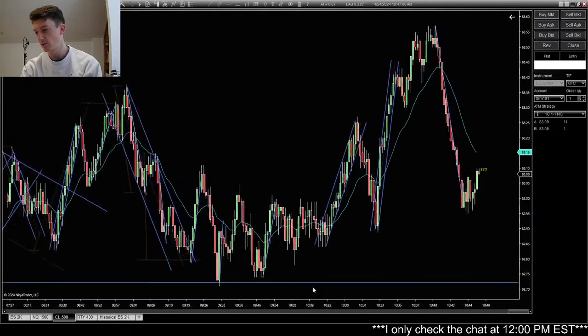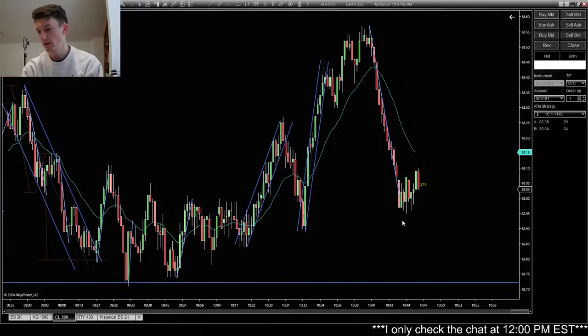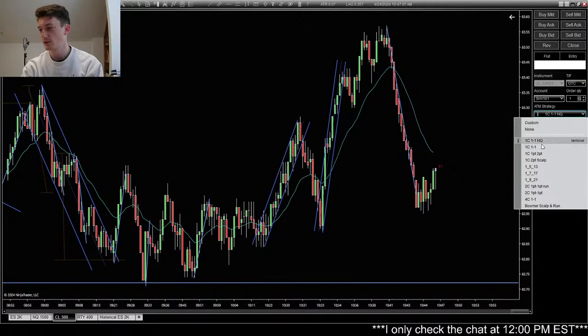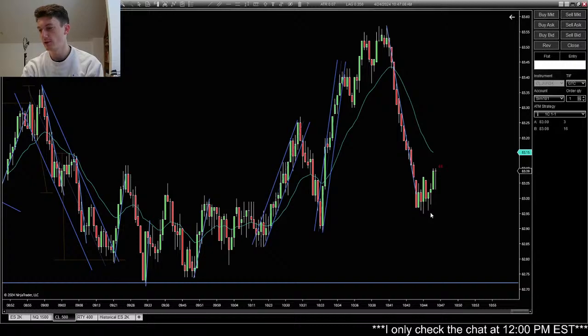CL, you're setting up for a possible short entry. You could count this first entry, second entry, but this all looks like one low to me and just one leg up. So I'm going to play that as just one leg up.